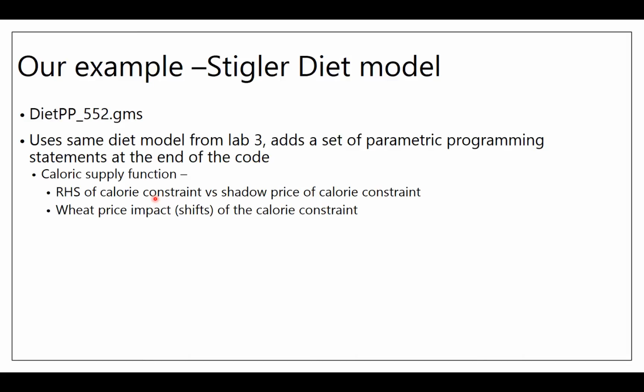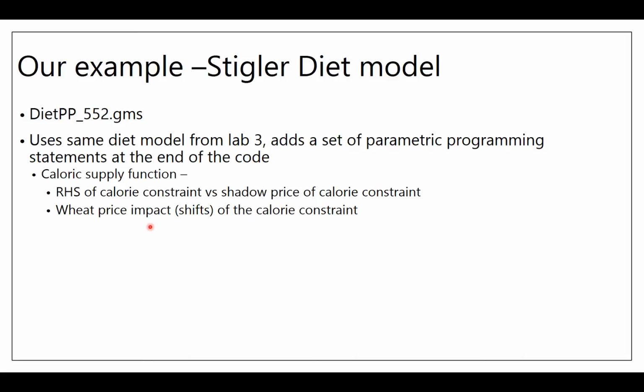We will get higher shadow prices because the constraint becomes more expensive to meet, and that's a supply side problem. That's supplying the calories. You're willing to supply more when they're valued more.